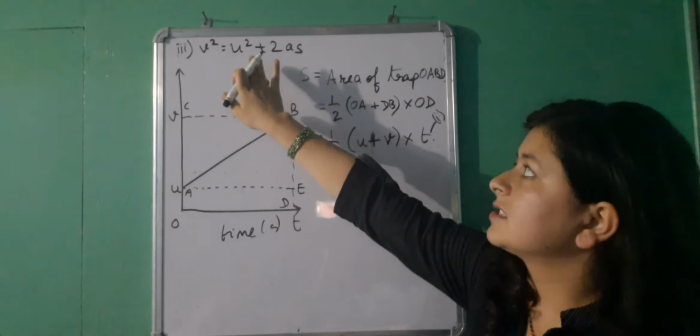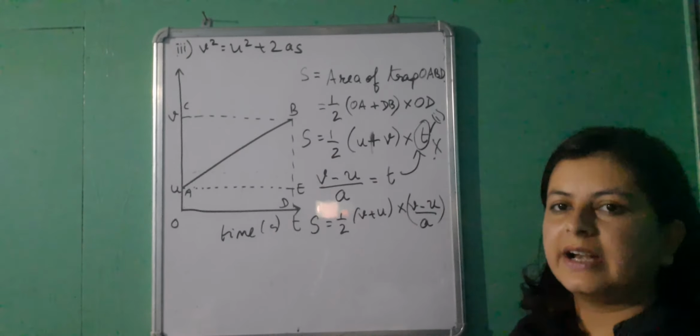So S is equal to half u plus v, or v plus u, for simplicity I will write v plus u, into t, and we just calculated the substitution formula, v minus u divided by a. So instead of t, now you can see a term which does not contain t in it.